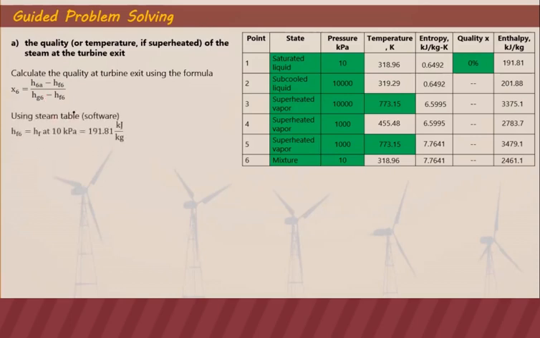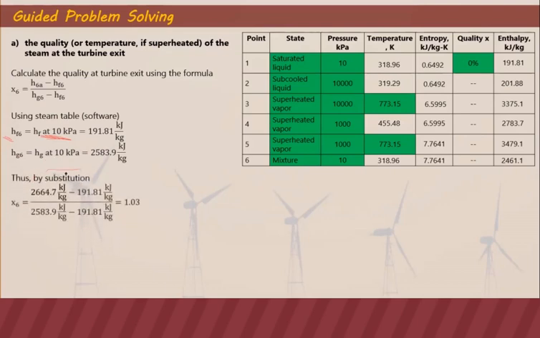Using the steam table or the software, our Hf6 is equal to Hf at 10 kPa. This is at the condenser. Same with Hg6, we're going to use Hg at 10 kPa.